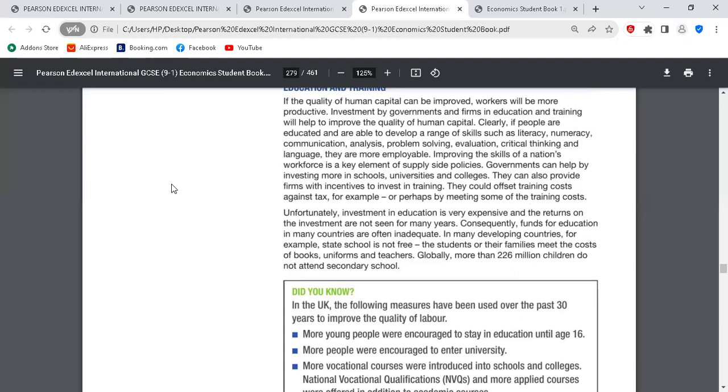Unfortunately, investment in education is very expensive, and the returns on the investment are not seen for many years. Consequently, funds for education in many countries are often inadequate. In many developing countries, for example, state school is not free. The students or their families meet the cost for books, uniform, and teachers. Globally, more than 226 million children do not attend secondary school.